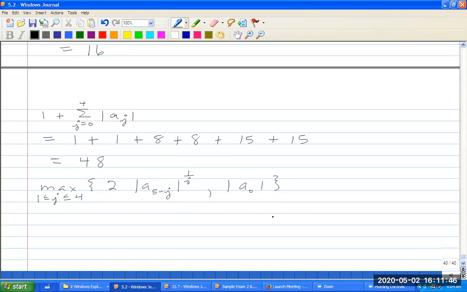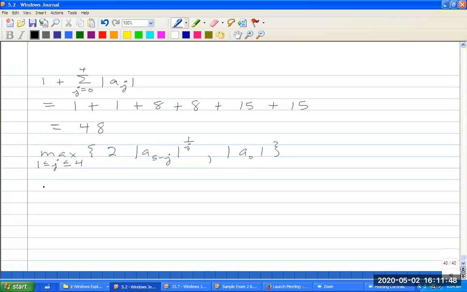Okay, so let's do this. So this is equal to the maximum of, so maybe I'll just write them down and then actually calculate them.